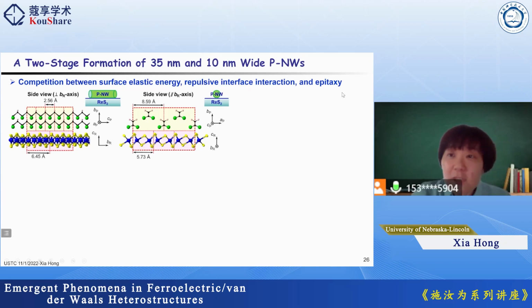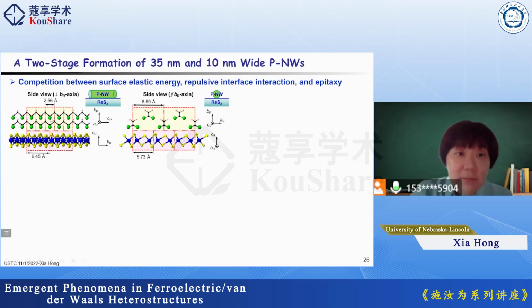Now we have a third energy in play, which is the epitaxial energy, which can also reduce energy. So now we understand why we form a nanowire. The nanowire always spreads along the direction where we have a very high density of bonding between PVDF and rhenium disulfide, so that the epitaxial energy helps to reduce energy and prefers to spread the material.